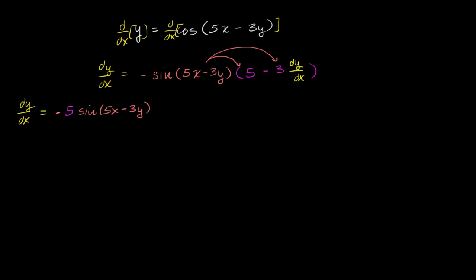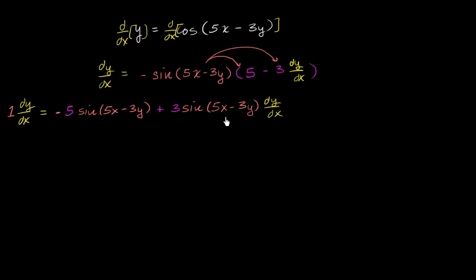And so you're going to end up with plus 3 times the sine of 5x minus 3y, dy/dx. Now what we can do is subtract 3 sine of 5x minus 3y from both sides. So just to be clear, this is essentially a 1 dy/dx.